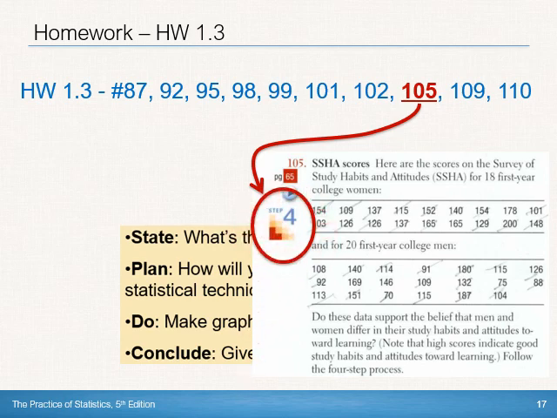Now later on, they'll stop giving us those symbols because you'll need to just know, but that's for later chapters. For now, if it's 4 steps, they will tell us. So remember, when you're doing this homework, you make sure that for 105, you're using your 4-step problem. So use your state, use your plan, use your do, and use your conclude. We'll go over that when we discuss this homework next class.